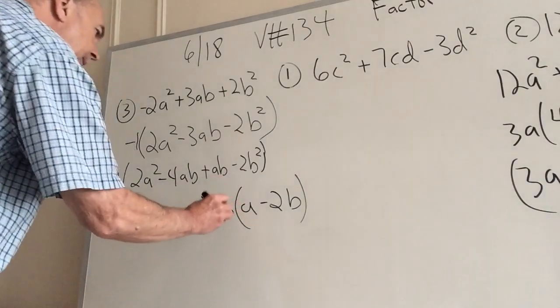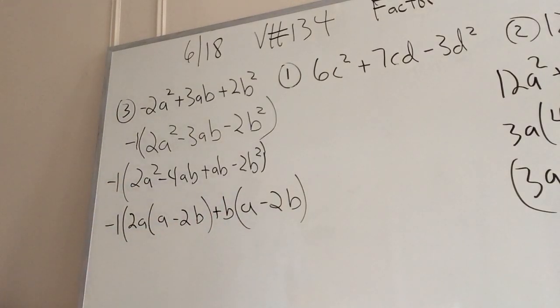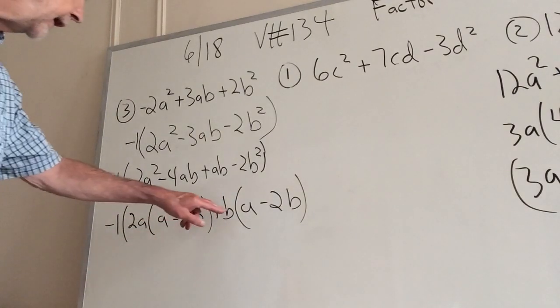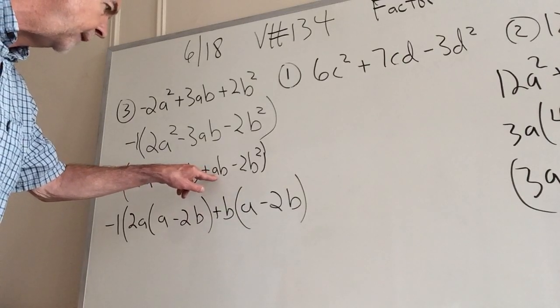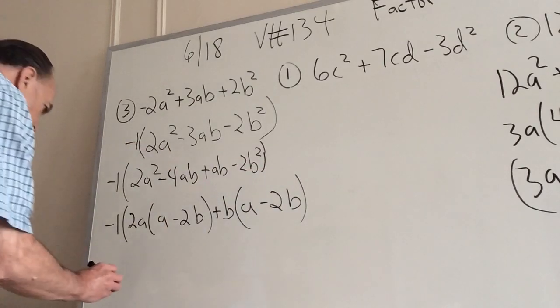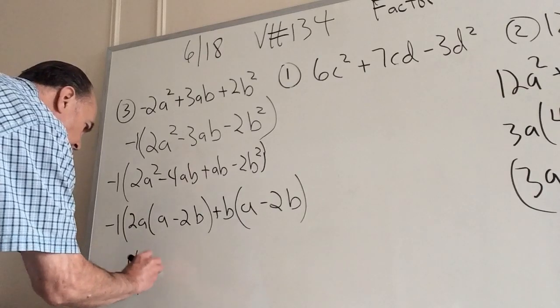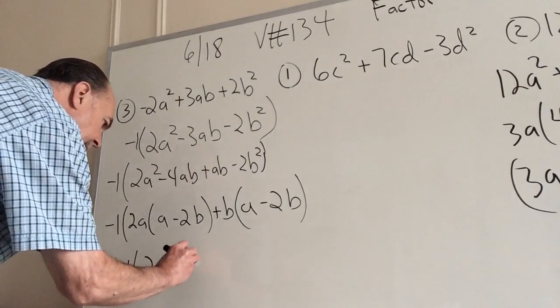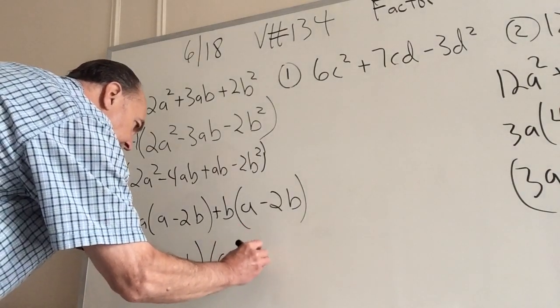And it looks like it's going to be the b and the plus. Okay? All right? And check again, this times this is BA, but BA has been explained to you as AB, and B times negative this is that. And now we rewrite, and it's 2A plus B times A minus 2B.